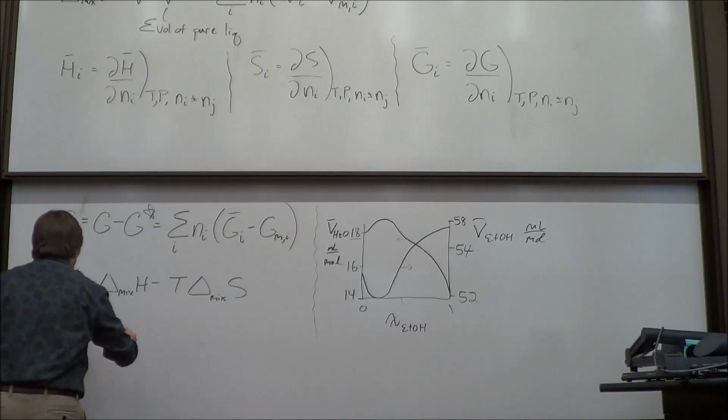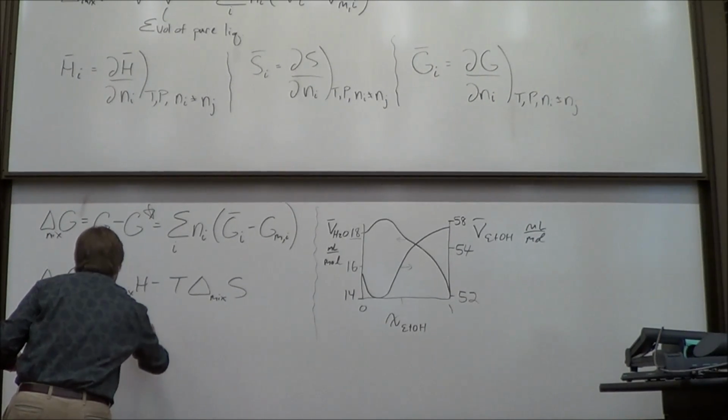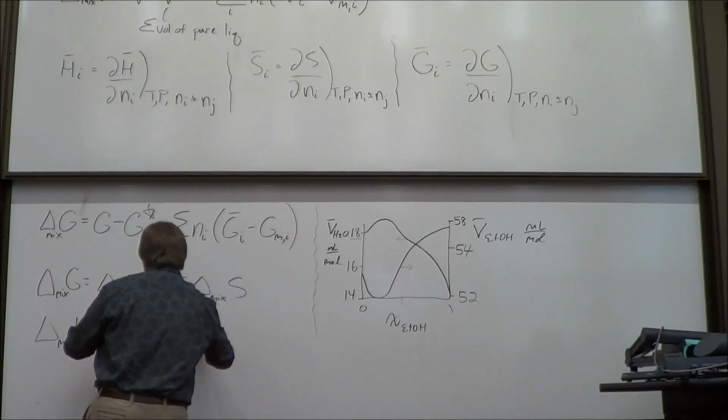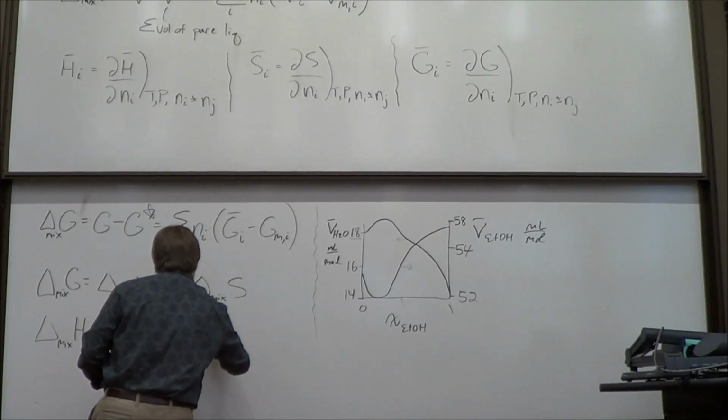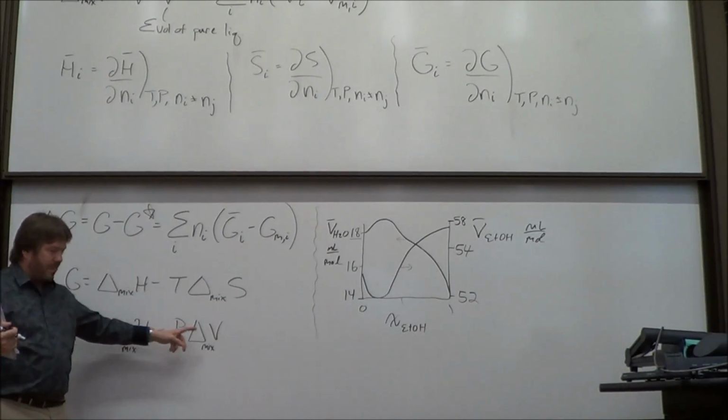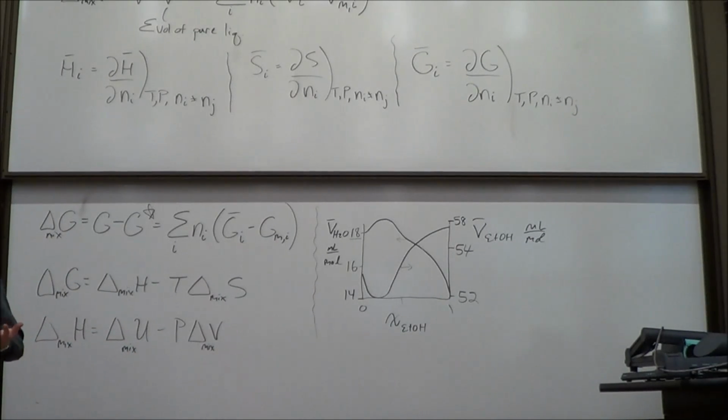Of course, this is going to be delta U mix minus P delta V mix. And notice that the V delta P mix is not there because we're at constant pressure. Right? So again, it's clear, hopefully, from test 1 material.